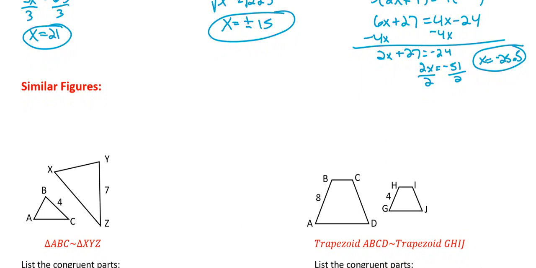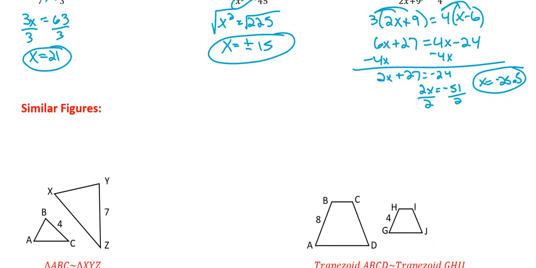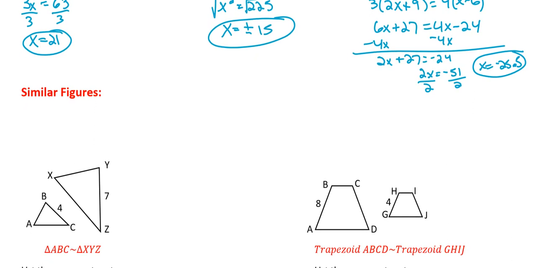All right, so for the similar figures, which is our topic for today, let's just get the definition down and then we'll just do some examples on it. Similar figures are figures with corresponding sides that are proportional.